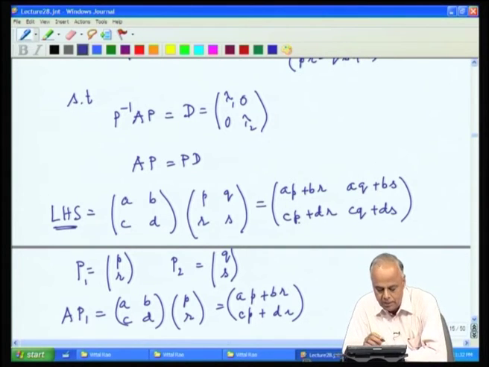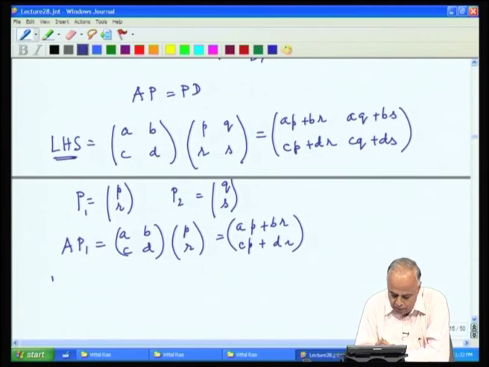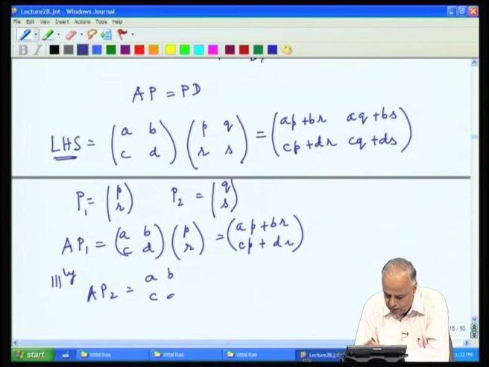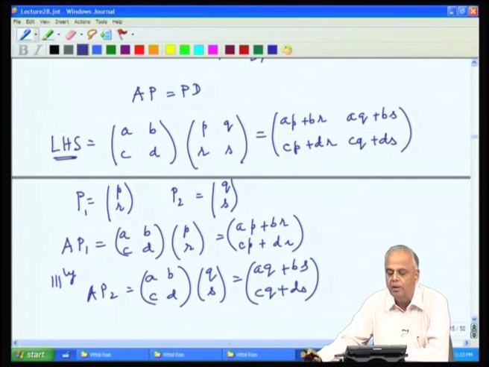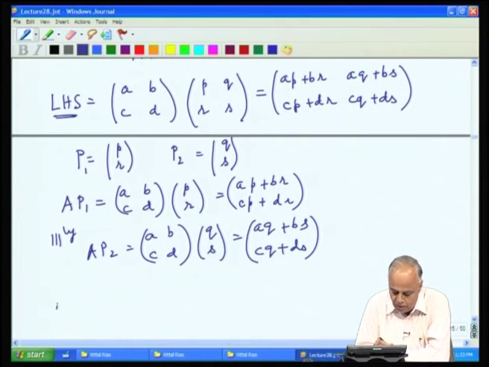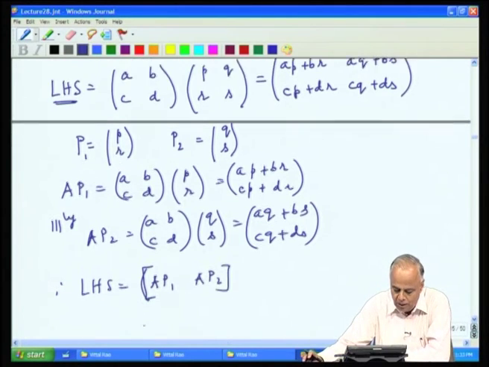This is what we meant by saying the first column of the product will be A P 1. Similarly, A P 2 is A B C D into Q S, which is A Q plus B S, C Q plus D S, which is the second column of this LHS. Therefore, LHS is the matrix A P 1, A P 2. The first column is A P 1 and the second column is A P 2.